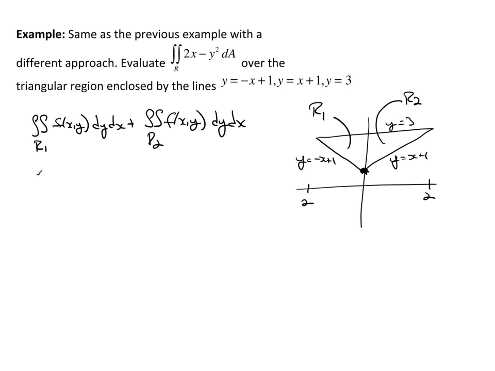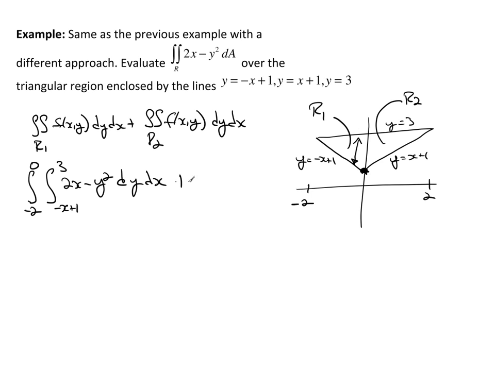So when I set that up, for this first region, the first integral is from negative 2 to 0. Then the next one has to be from negative x plus 1 to 3, because that's in this direction. And then, of course, it's just 2x minus y squared, dy dx.